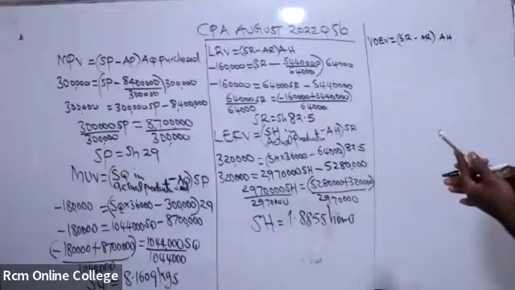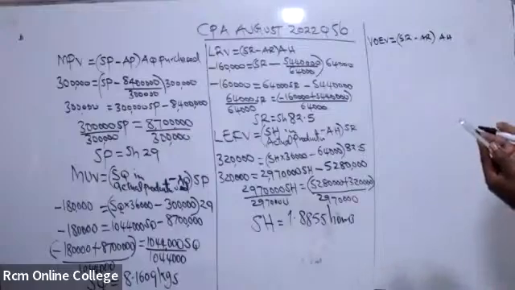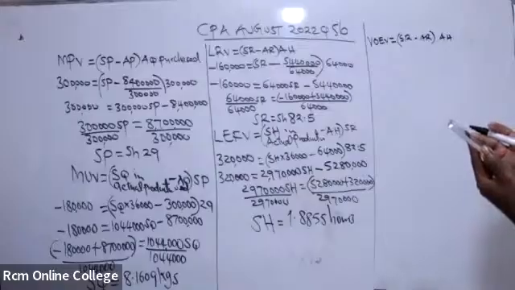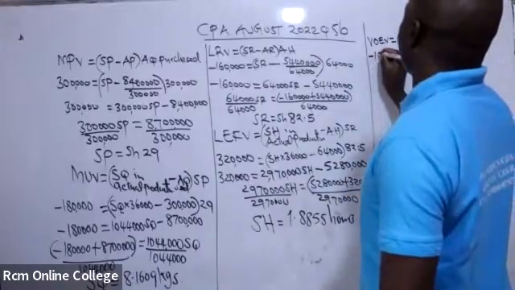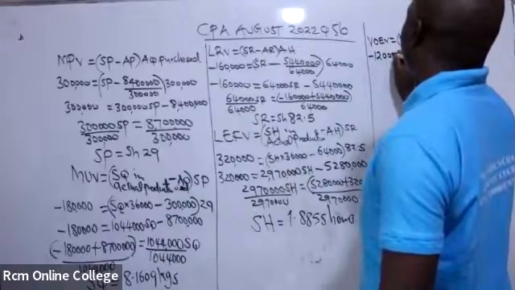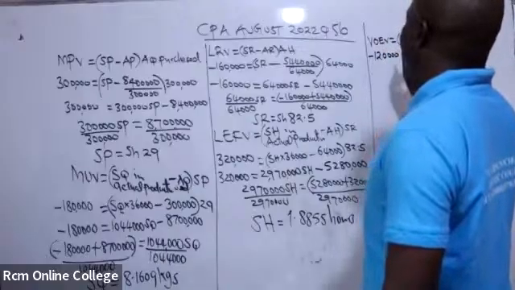Do we have the variable overhead expenditure variance? Yes, a negative of 120,000 is equal to standard rate.